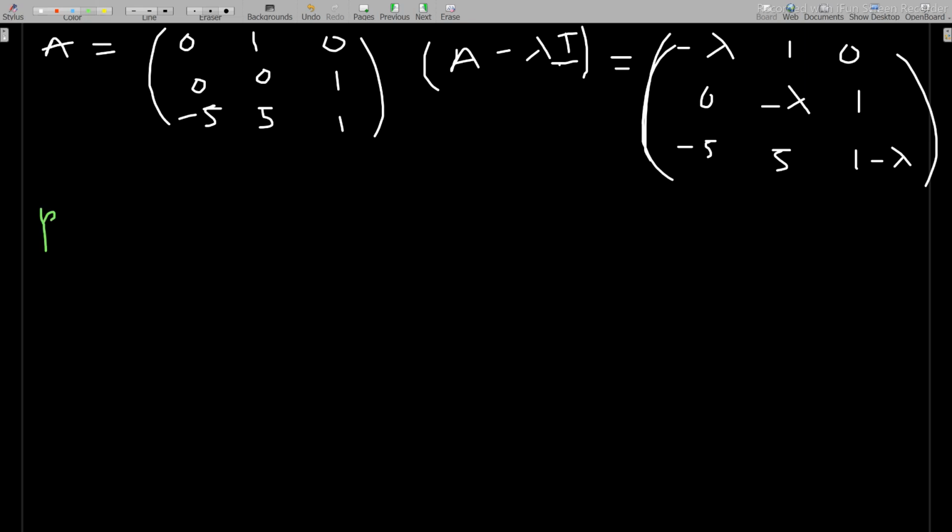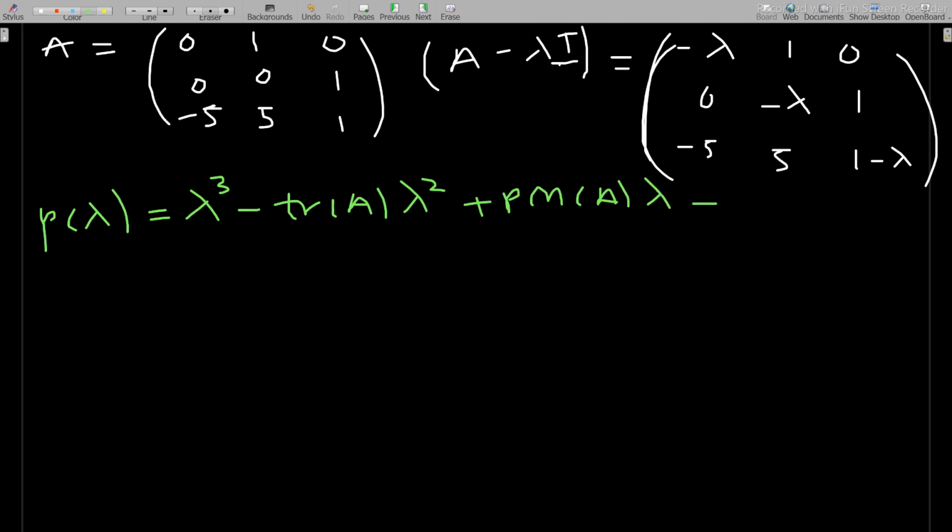For this one, the characteristic polynomial p of lambda is given by lambda cubed minus trace of A times lambda squared, plus PM of A times lambda, minus determinant of A. The trace of A is the sum of the diagonal elements, and 0 plus 0 plus 1 is 1, and PM means the principal minors of A.